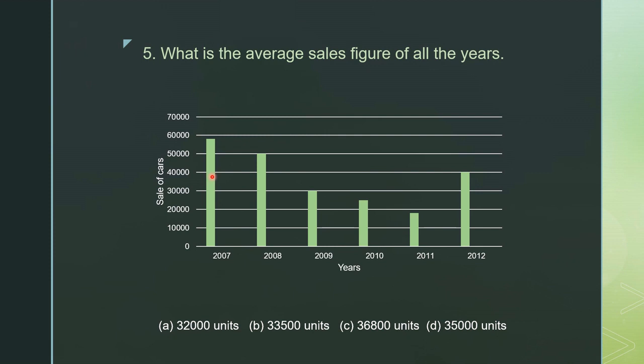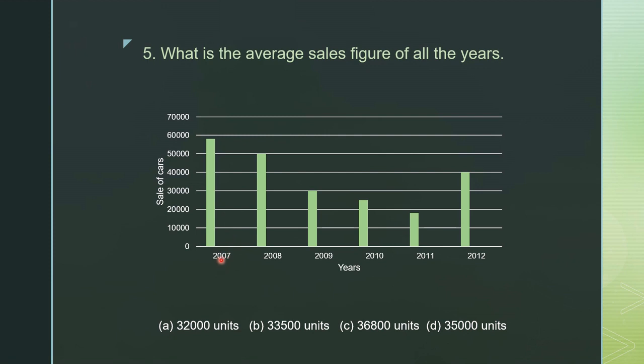Average means we add all the 6 values of the sales of cars, 58,000 plus 50,000 plus 30,000 plus 25,000 plus 18,000 plus 40,000, and then we divide by the number of years.